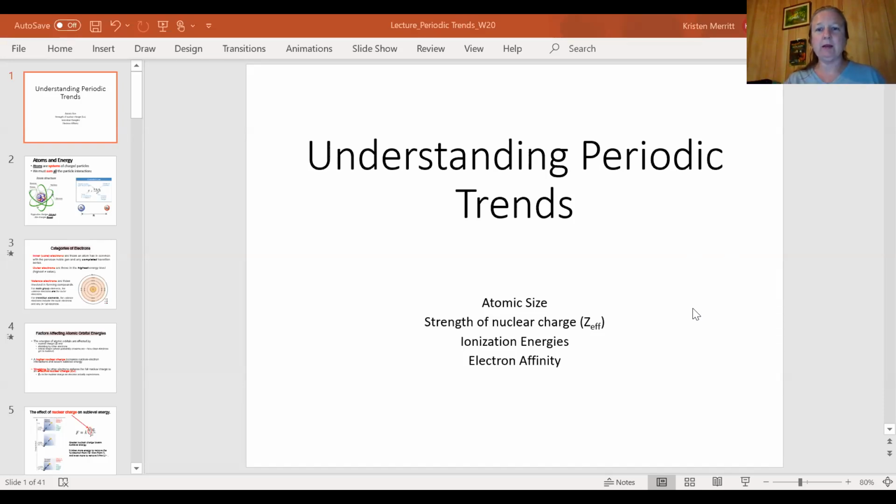We also have something called ionization energies, which is the energy required to remove an electron. This is plural because we have first ionization energy, second, third, etc., the removal of the first electron, the second electron, the third electron.